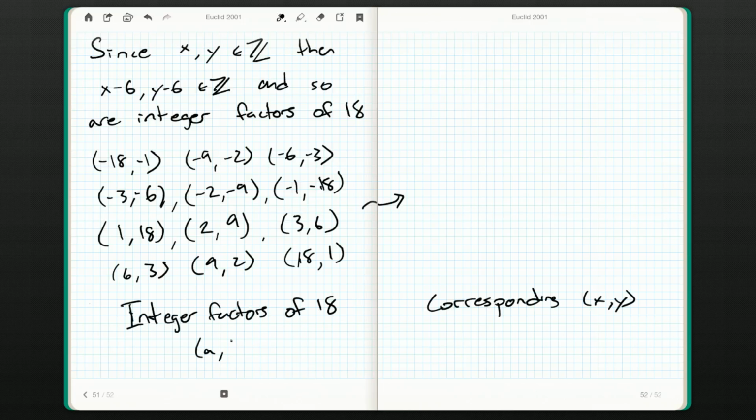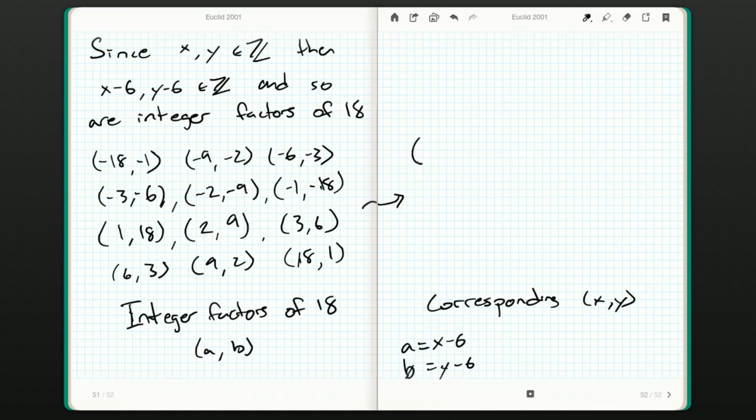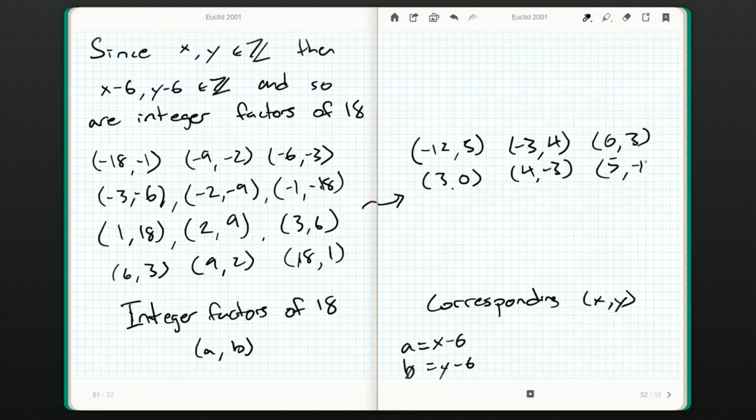So I'm going to take these, we'll say they're a, b, and let a equal x minus 6, and b equal y minus 6. So really I just need to add 6 to both the numbers here. So minus 12, 5. Well, that's not going to work. Minus 3, 4. 0, 3. 3, 0. 4, minus 3. 5, minus 12. 7, 24.